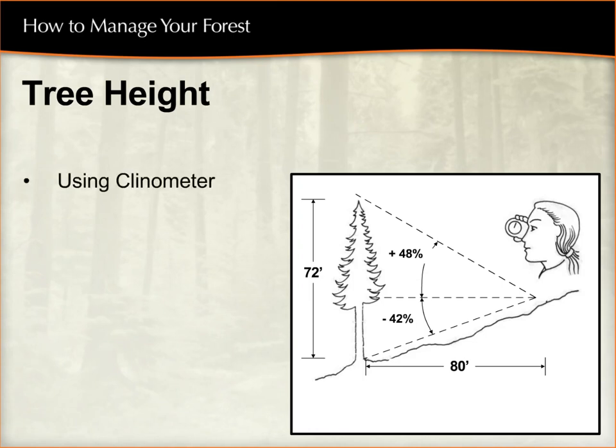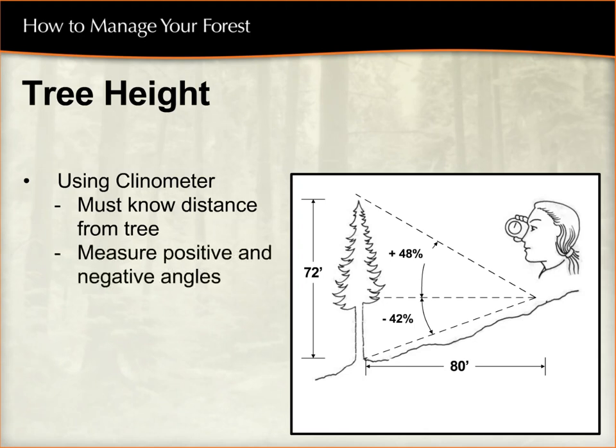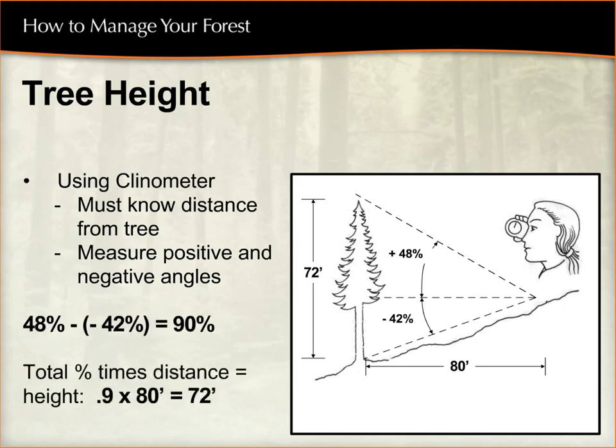To do this, measure your distance from the tree using your logger's tape, and then find the percent slope to the top of the tree and to the bottom of the tree using your clinometer. Once you have these two angles, you take the difference between the two and then multiply that difference by your distance from the tree.